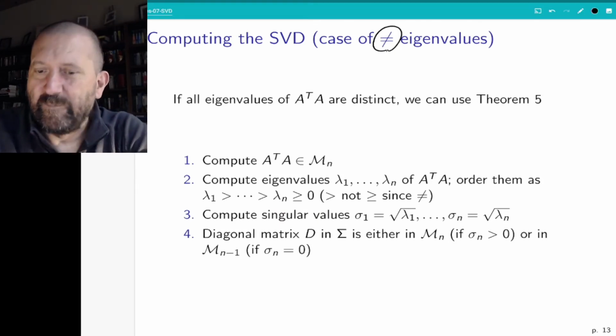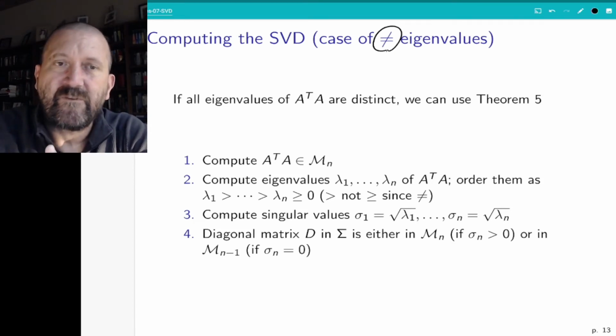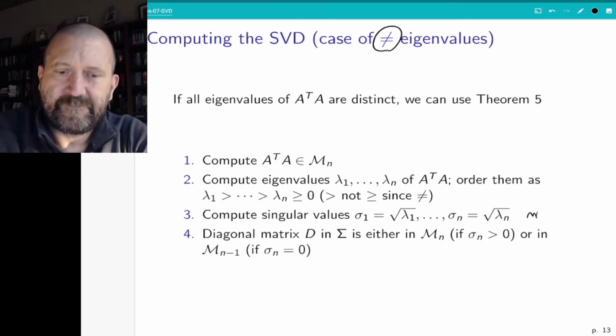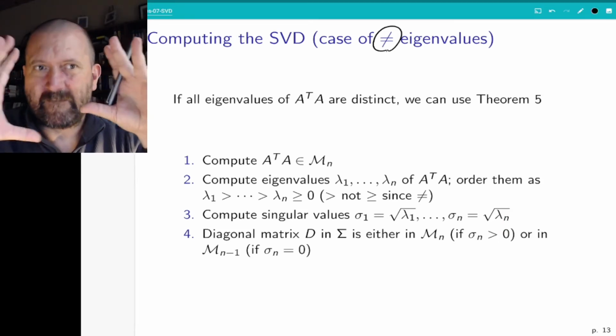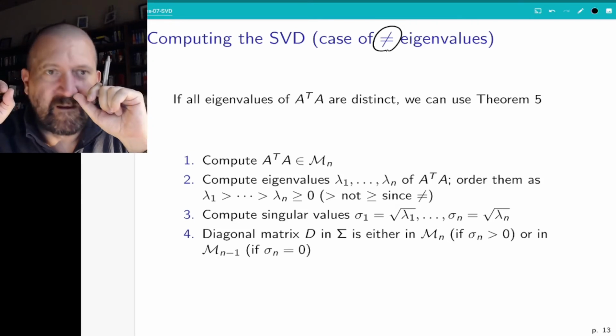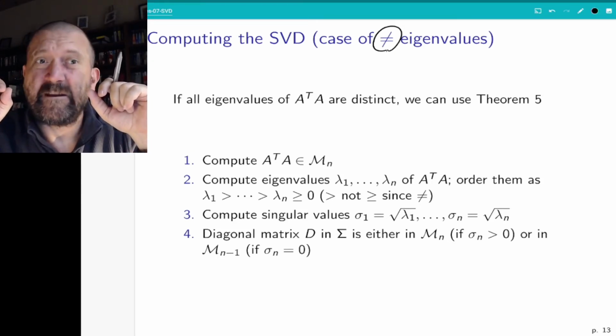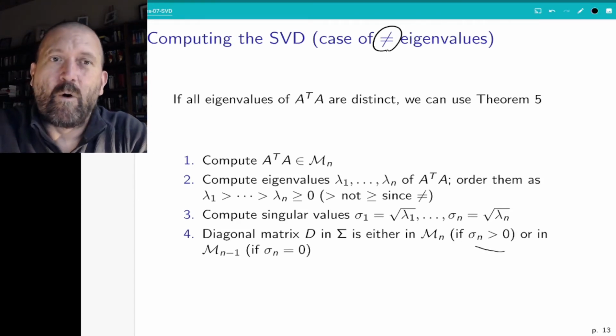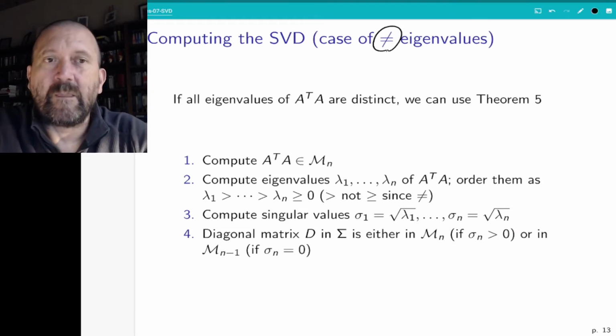I compute my singular values by simply taking the square root of the eigenvalues. And then my matrix D, the diagonal block in the matrix sigma, is either an n by n matrix if the last singular value is positive, or an n minus 1 by n minus 1 matrix if the last singular value is 0.